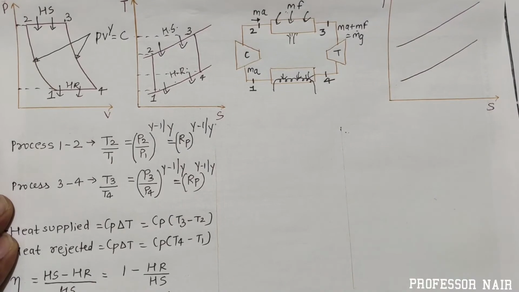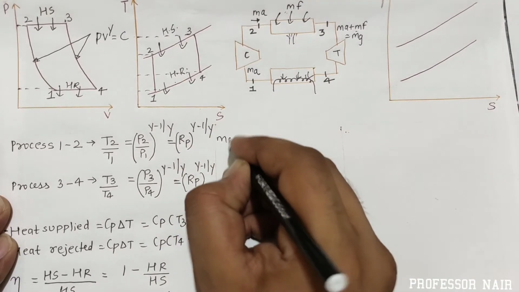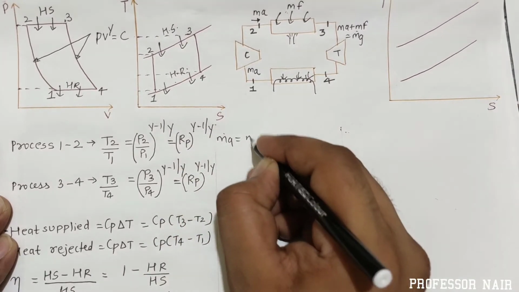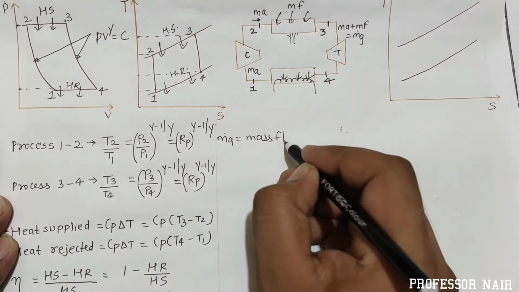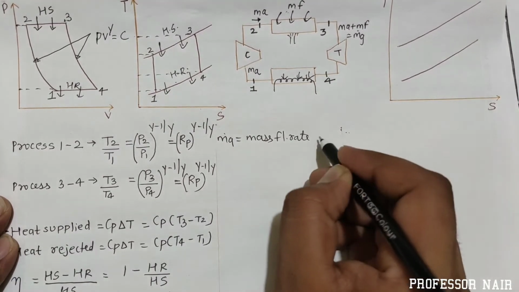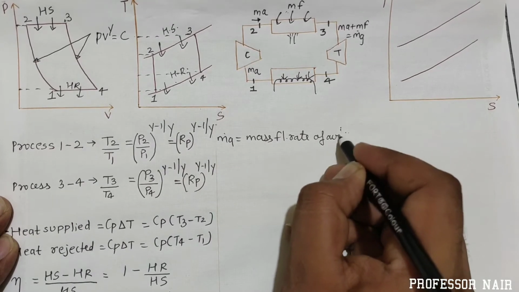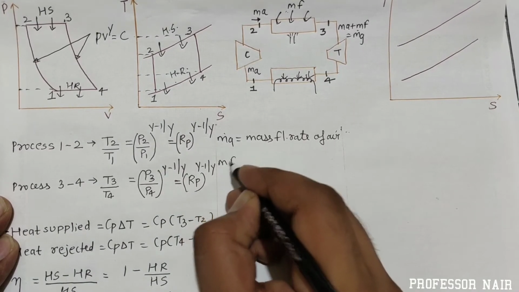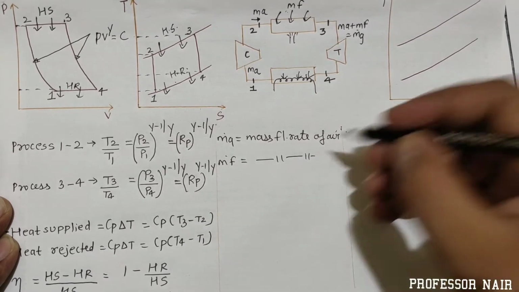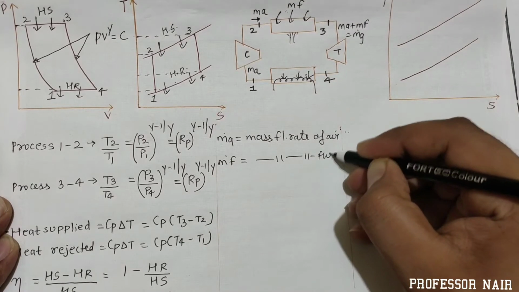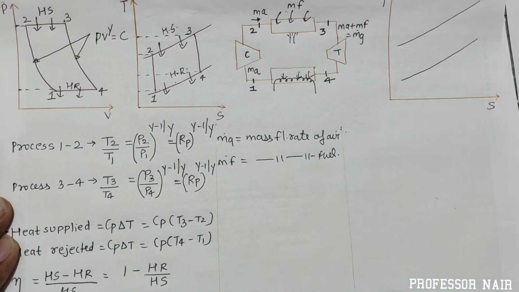So I will write here ma dot, mass flow rate of air. Similarly, mf dot would be equal to mass flow rate of fuel. mg dot.